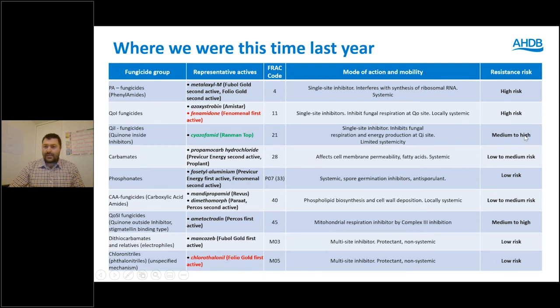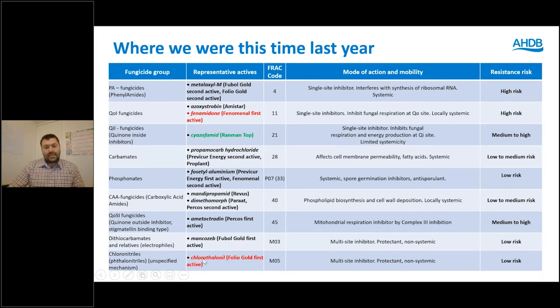This is the third line, and most importantly, the one column that I'd like you to pay attention to is that one on the very right hand side called resistance risk, and that's because if you look at the very bottom of this table, you've got two active ingredients or two FRAC codes called M03 and M05, where M stands for multi-site, and they're classified as low risk.